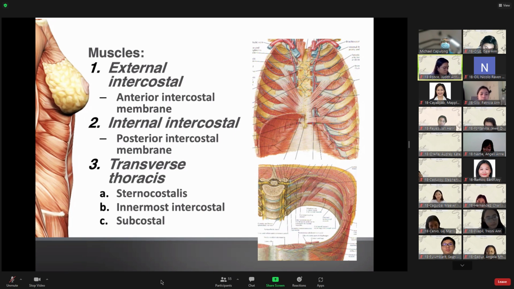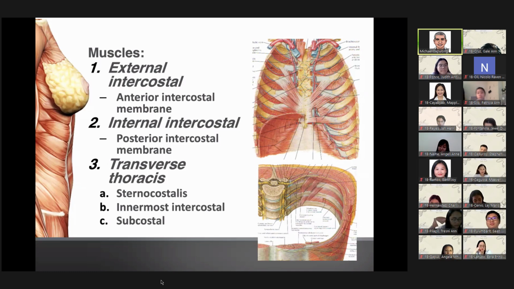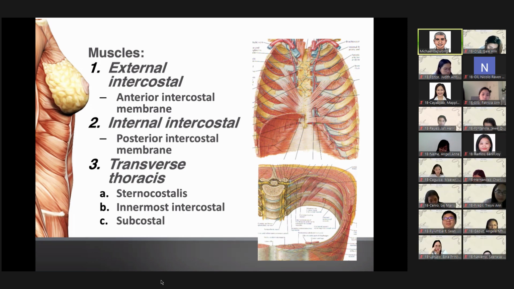Now, so removing the covering, the skin and the subcutaneous tissue, and dissecting through the external chest wall muscles, I'm talking about the pectoralis major and the pectoralis minor muscle, you will appreciate now your intercostal muscles. So where do you see your intercostal muscles?